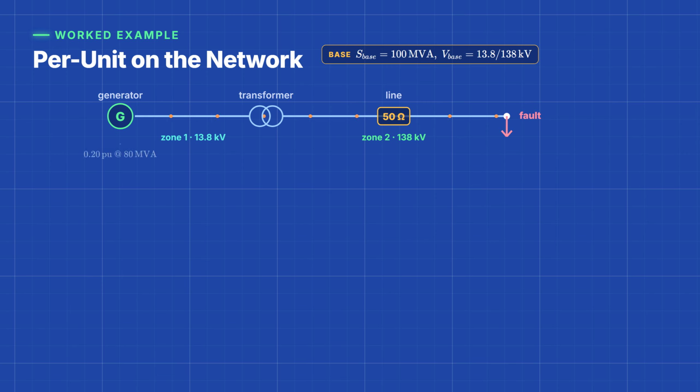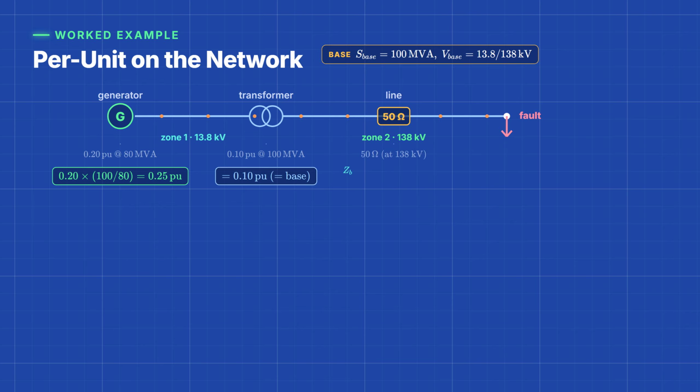The generator's reactance is 0.2 per unit, but on its own 80 MVA, not our base. So we change it. 0.2 times 100 over 80 is 0.25. The transformer's 0.1 is already on 100 MVA, our base, so it simply stays 0.1.